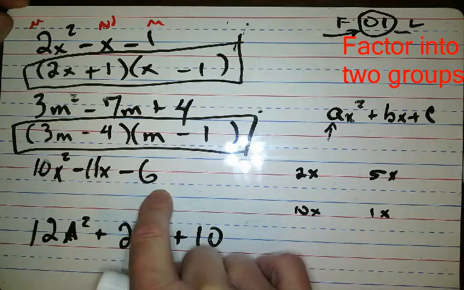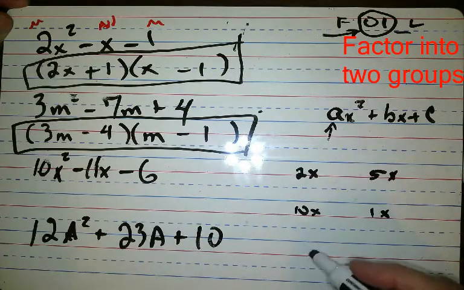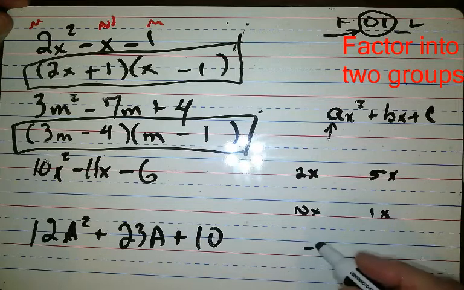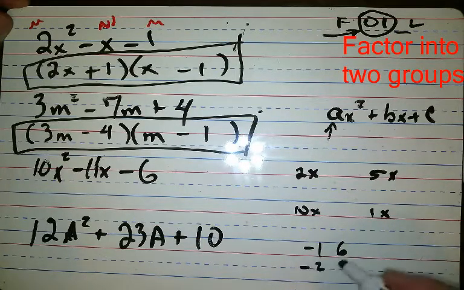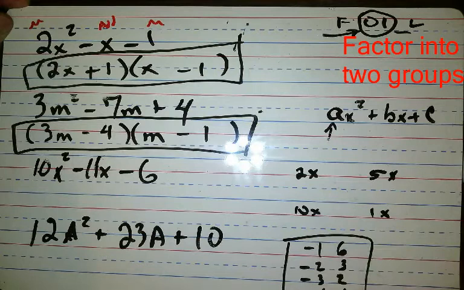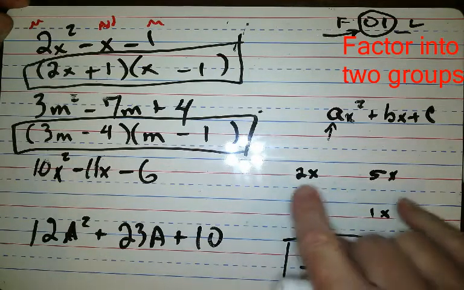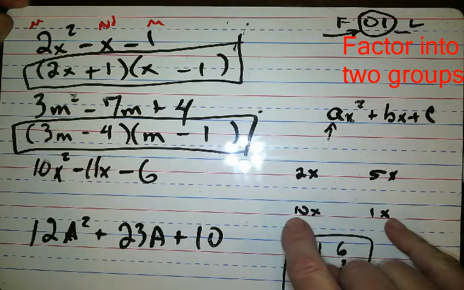Now to get negative 6, I've got a ton of choices. Negative 1 times 6, negative 2 times 3, negative 3 times 2, negative 6 times 1. Now then, there's 4 choices here, and there's 2 choices here.